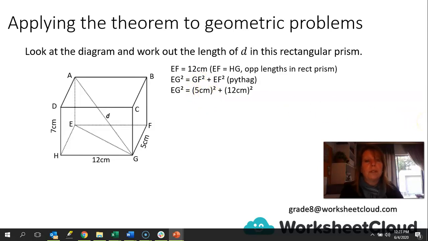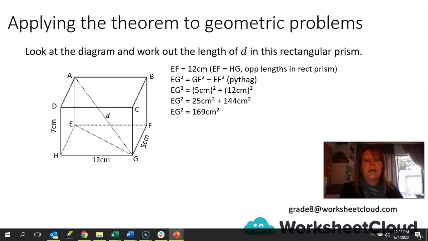If we wrote it 5 centimeters squared, it would seem like the measurement has actually been squared already. Okay, so 5 centimeters all squared gives me 25 centimeters squared, and 12 centimeters all squared is going to give me 144 centimeters squared. Right, so EG squared is equal to 25 plus 144.